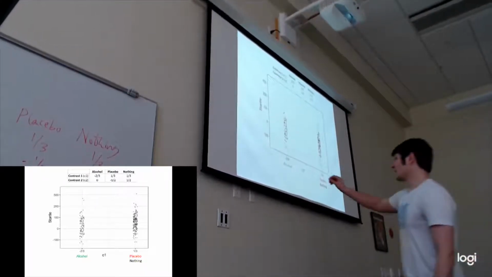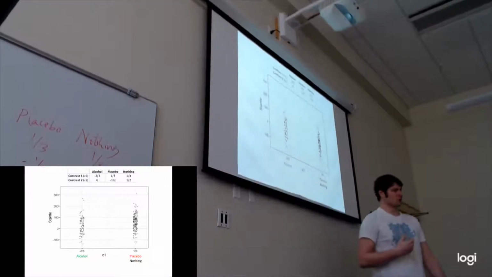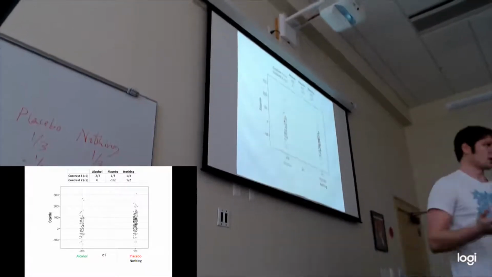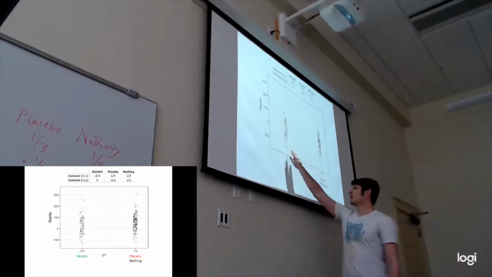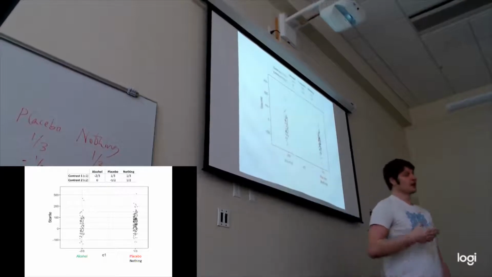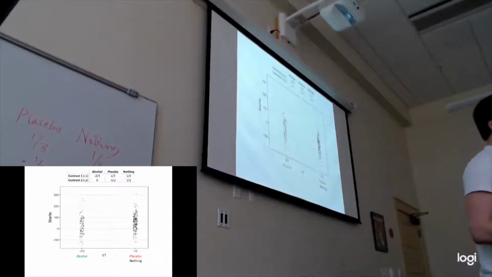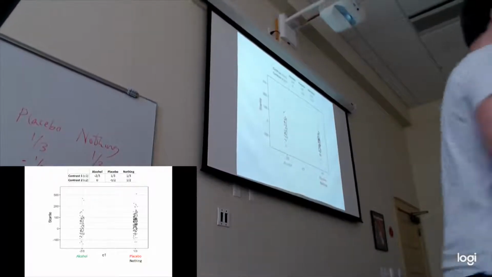So if this point has a low level of baseline startle, you might give it one color like red. If this point has a higher level of baseline startle, you might give that a different color like blue. And you can color them according to a gradient from low baseline startle to high baseline startle.